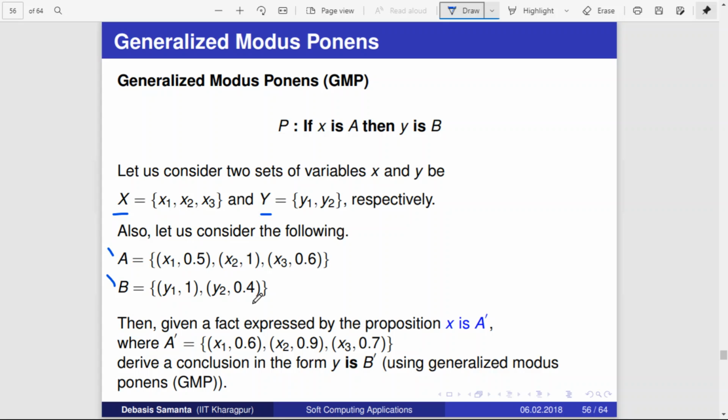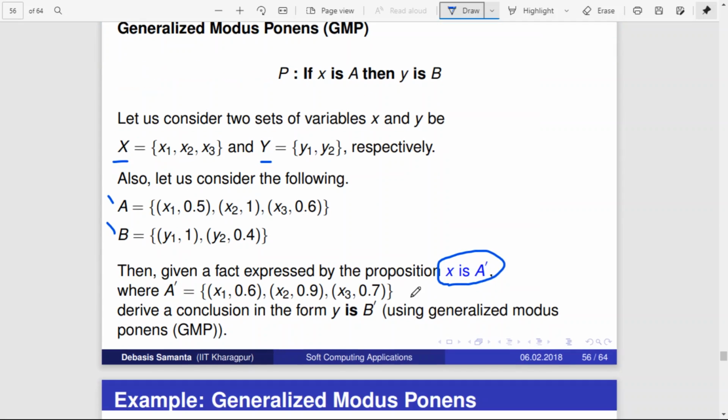Okay. X is A dash is also known. A dash is given like this: x1, 0.6; x2, 0.9; x3, 0.7. So now we have to derive B dash.